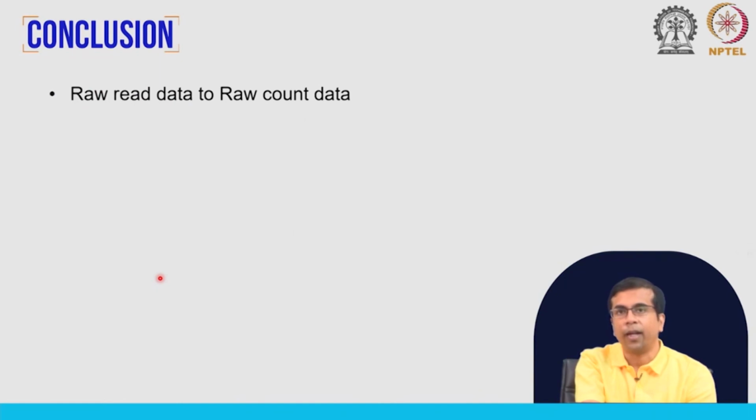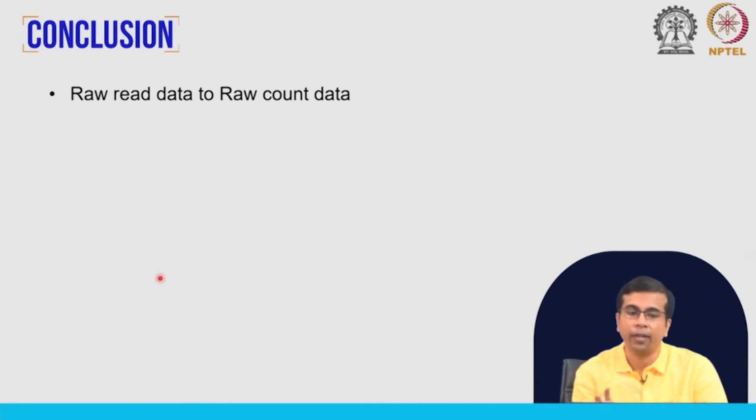So, what we have discussed is how we actually go from raw read data to raw count data. This is the quantification step in RNA sequencing, and this is a very important step. We now have the abundance of transcripts quantified in terms of numbers, as you have seen.